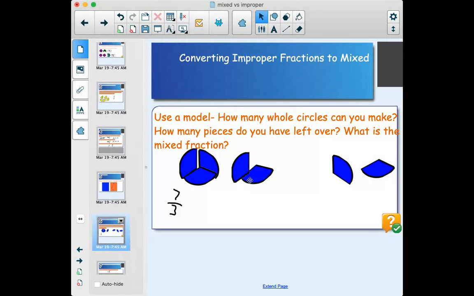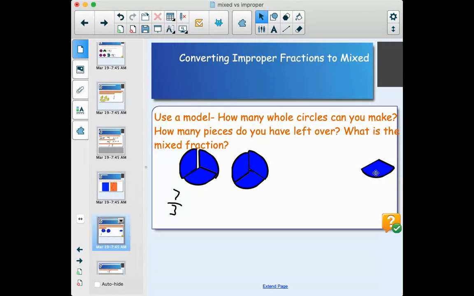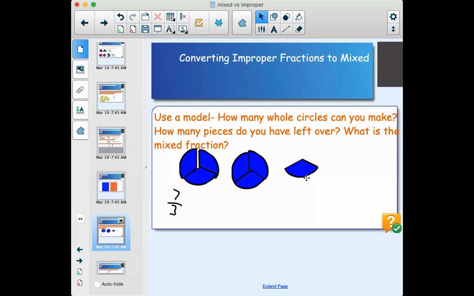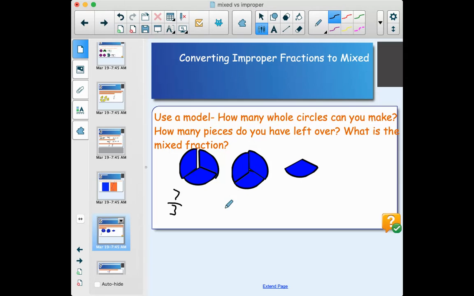I can put these together to get a circle. And then I have one piece left over. So I can make 2 whole circles plus 1/3 left over. Okay, so as a mixed number, 7/3 would be the same as 2 and 1/3. 2 wholes and then 1/3.